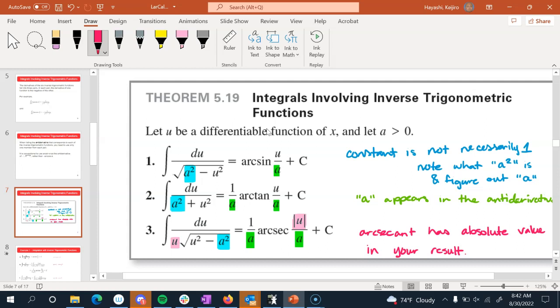Now, what I'm about to do next, you don't have to write down. This is just a justification for why these are written the way they are.